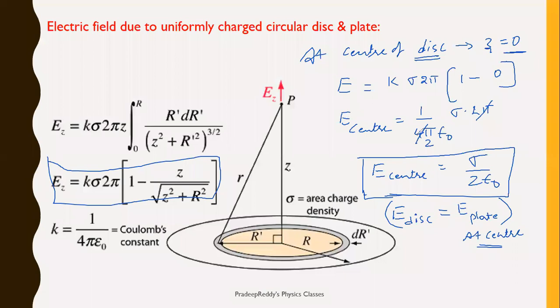Electric field at the center is 1 by 4 pi epsilon naught sigma into 2 pi. 2 pi over 4 pi... therefore, the field at the center is sigma by 2 epsilon naught. Sigma by 2 epsilon naught we have already derived for the plate. Therefore, the electric field due to the disk and the electric field due to the plate at the center are equal. This is one more important conclusion.